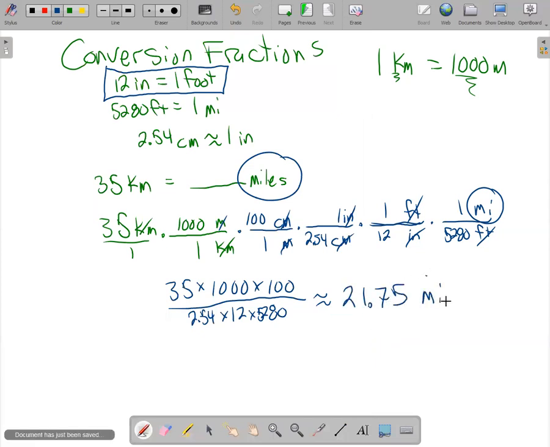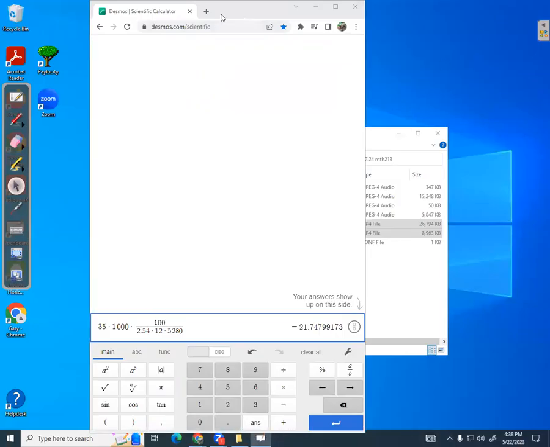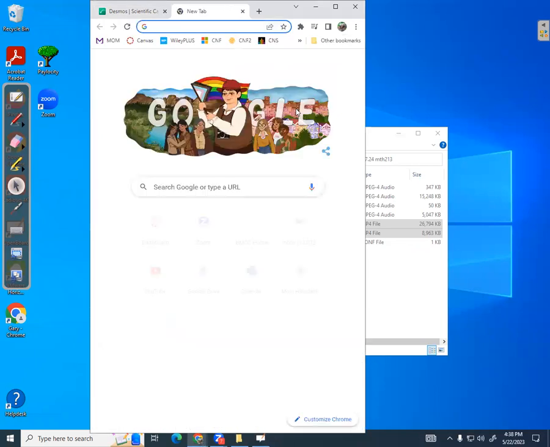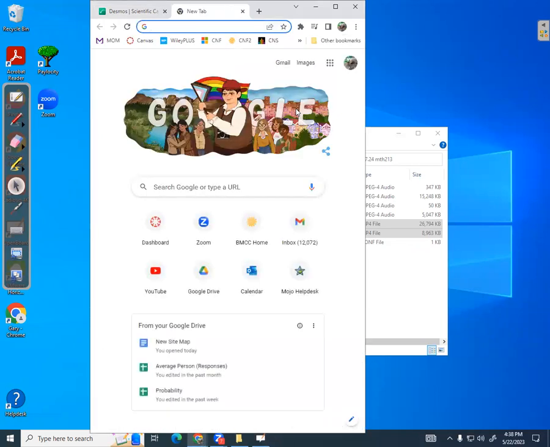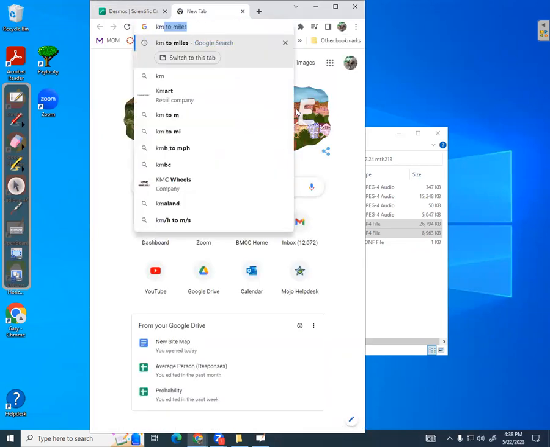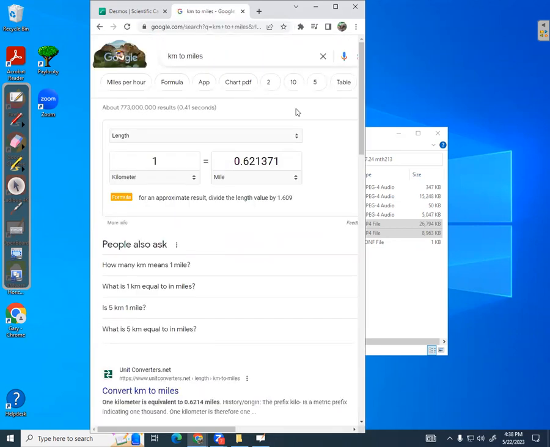That would be miles. Now, yes, these days, we can just go ask Google or chat, whatever. So let's see, we want to change kilometers to miles, and Google says 1 kilometer is 0.62137 miles. And down here, they say for an approximate result, divide the length value by 1.609.